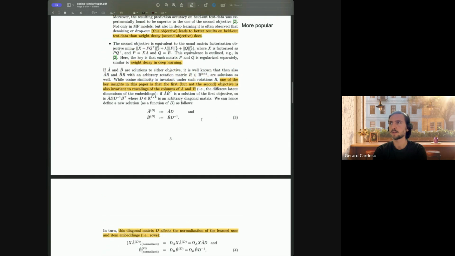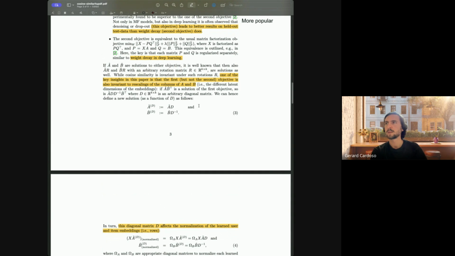Here they're looking at the fact that you have, let's say, the two solutions, A hat and B hat, and you can apply different rotations, and they're also solutions. And the cosine similarity of the items will remain the same under those rotations.